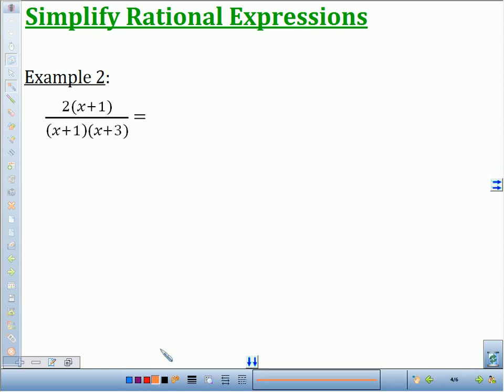Let's try another one here. This is example 2. In this one you might notice we already have a bunch of binomials floating around. This is nice. The factoring was done for us. So if the factoring is already done, we don't have to do it. Instead, we can just look at stuff that can cancel out.